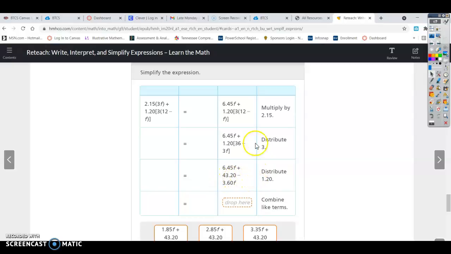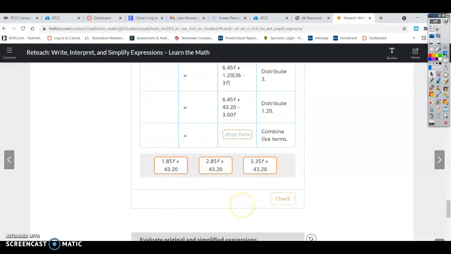All right, so once you do those steps, then it says combine like terms. If you look here, the like terms are the two terms that both have the variable f, so we can combine those. So we have 6.45f plus, now be careful, it has a negative sign, but the negative sign goes with that 3.6.